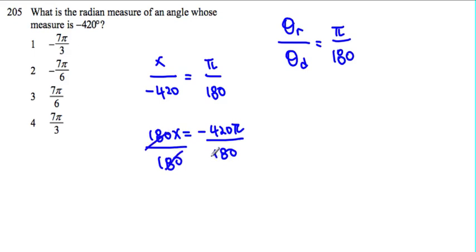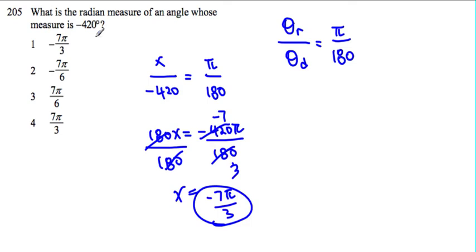Then 180 cancels out, and here we get x will be equal to, common factor seems to be 60. So if you cancel this out, we get negative 7, and here we get 3. So we end up getting negative 7 pi over 3. That becomes our answer, which is choice 1.